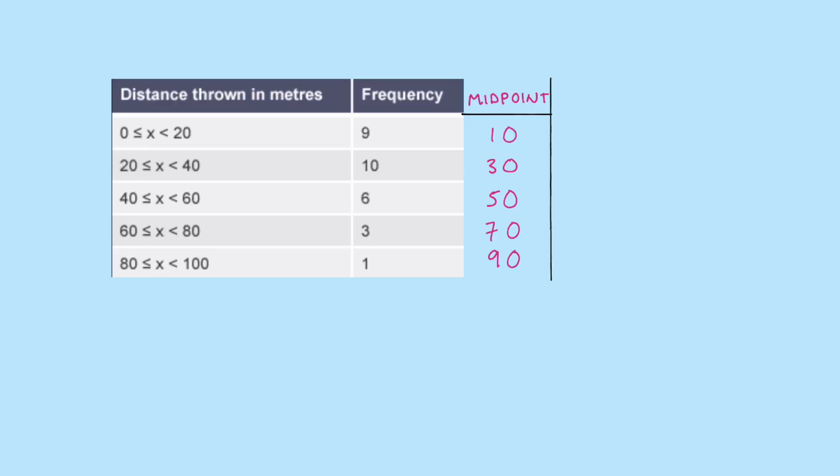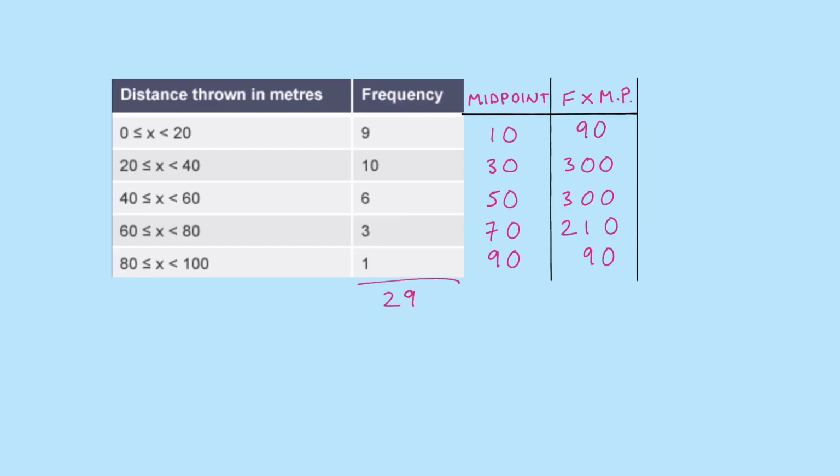The next thing we have to do is we have to multiply our midpoints by the frequency to find our total of the values. So create another column, frequency times the midpoint, 90, 300, and so on. Then the number of values we add those together.